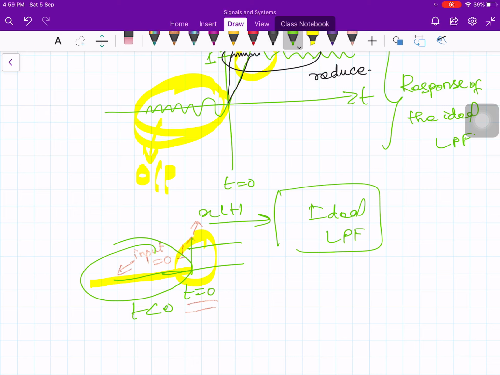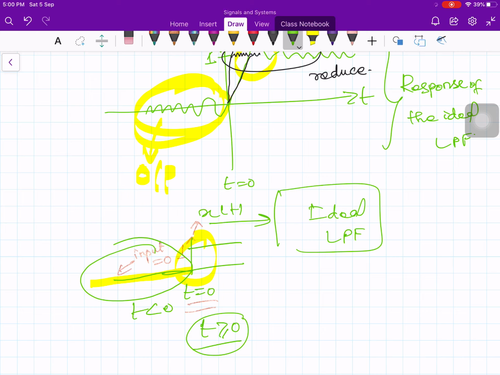And for t greater than or equal to 0, the input is non-zero. Therefore, we expect the response to be non-zero after t greater than 0. But what happens here is that even before the excitation is applied, there is a response.